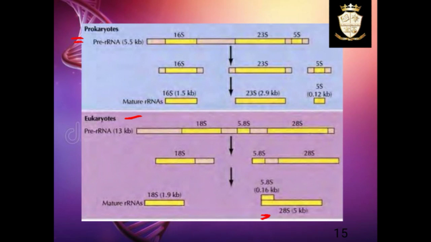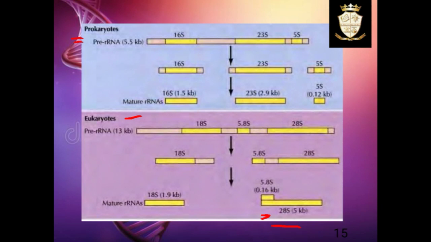But in the case of eukaryotes, the pre-rRNA is converted to mature rRNA. The major highlight is that the 5.8S and 28S molecules become hydrogen bonded. That is the main difference between prokaryotes and eukaryotes.